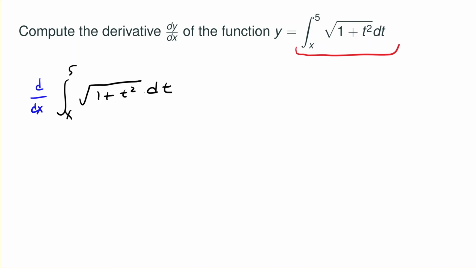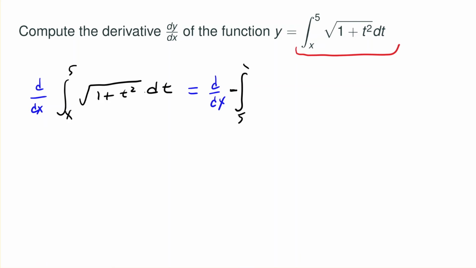So when we take the derivative of this area function, we can apply the fundamental theorem of calculus. But the fundamental theorem of calculus tells us that we can only apply it when we have a numerical constant on the lower bound. So we can rewrite this using the property of integrals. We can switch the lower and upper bounds by putting a negative sign.